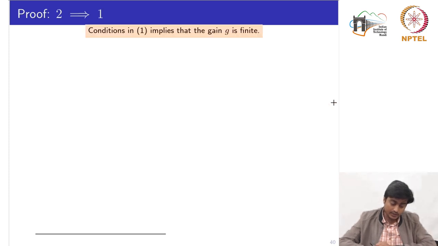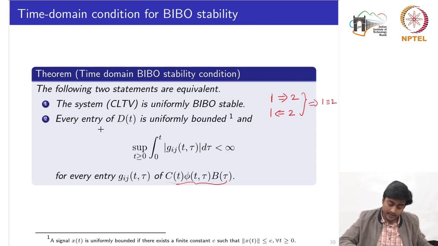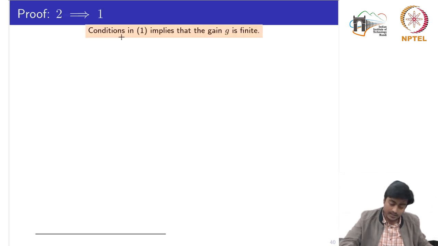First we will see 2 implies 1, meaning that if every entry of D of T is uniformly bounded and this condition is satisfied, then it implies that the system is uniformly bounded input bounded output stable. Note that the conditions in 2 imply that the gain G is finite.